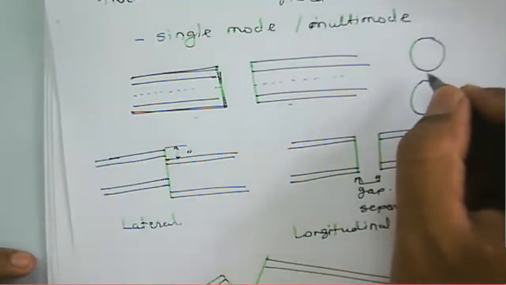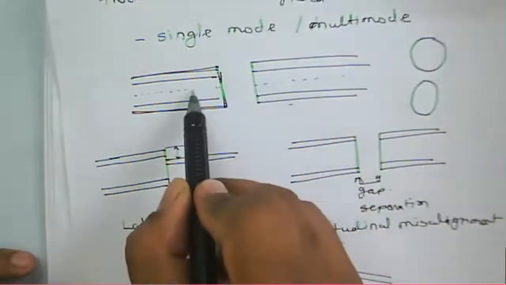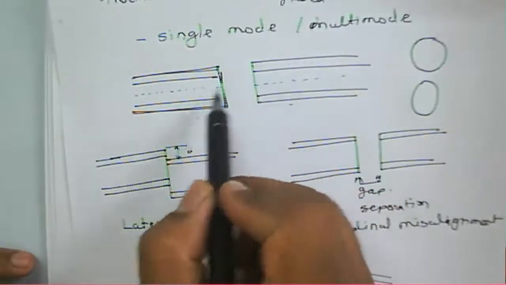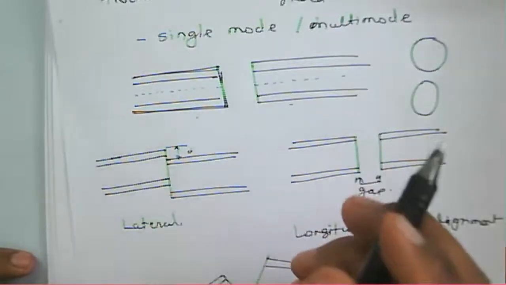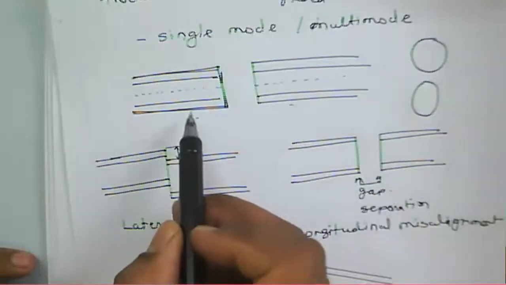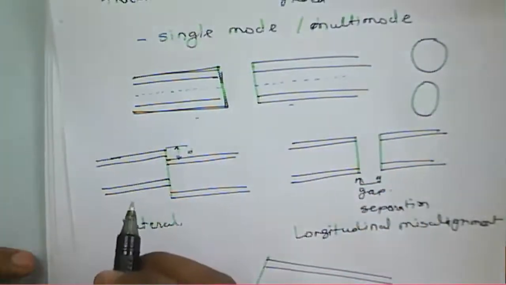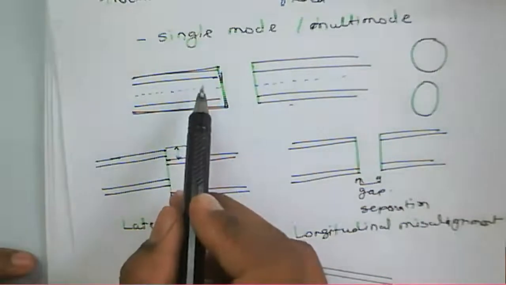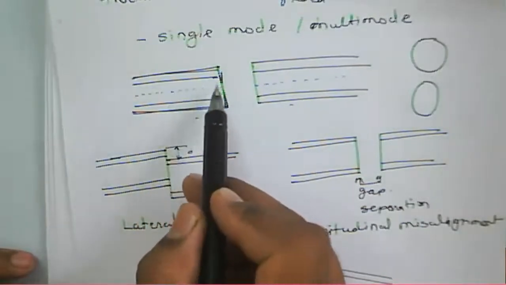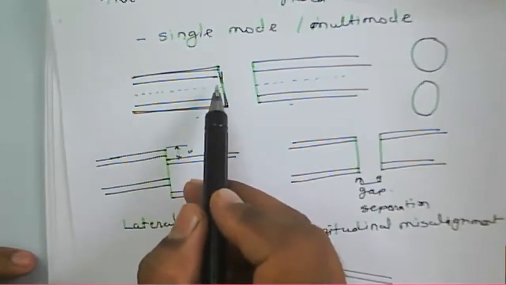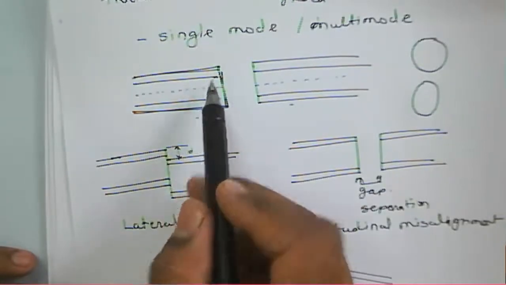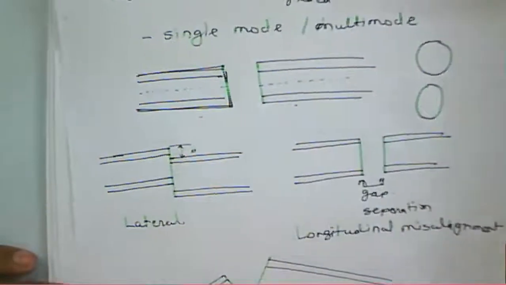Or there may be a variation between the two fibers when we are joining them: a difference in the numerical aperture of the two fibers, a variation in the refractive index profile, or a variation in the core and cladding concentricity of each fiber.